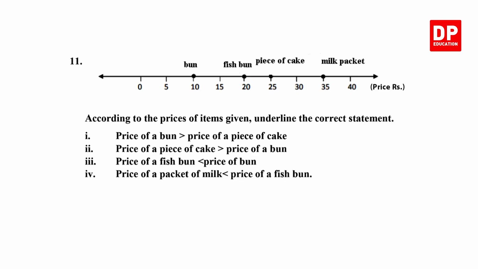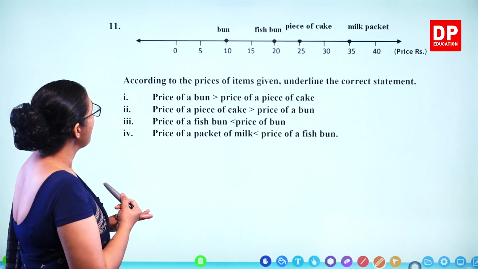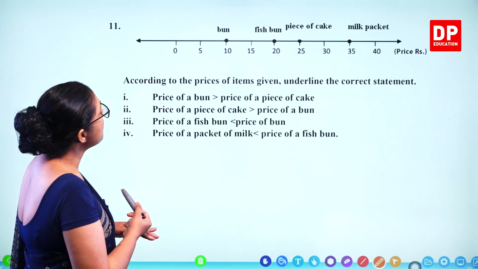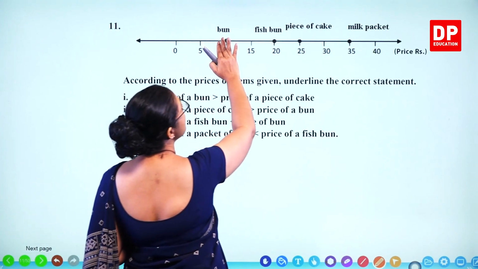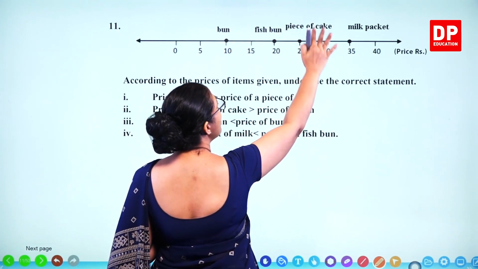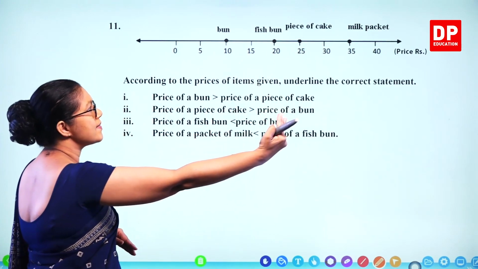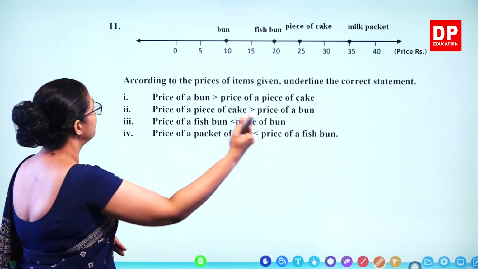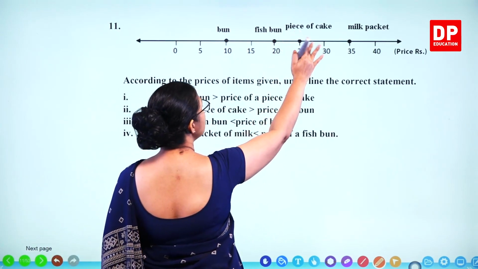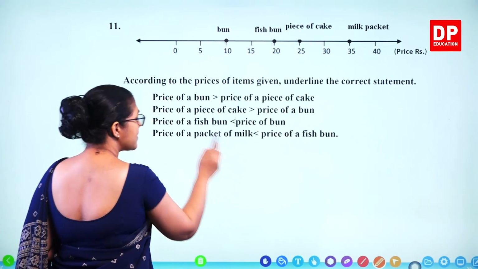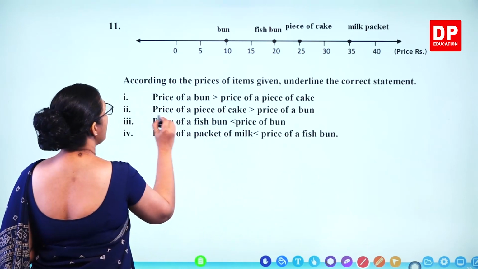Question number 11. According to the prices of items given, underline the correct statement. Price of bun is greater than price of a piece of cake. That's wrong because piece of cake price is greater. So that's wrong. Price of a piece of cake is greater than price of bun. So that's actually correct.